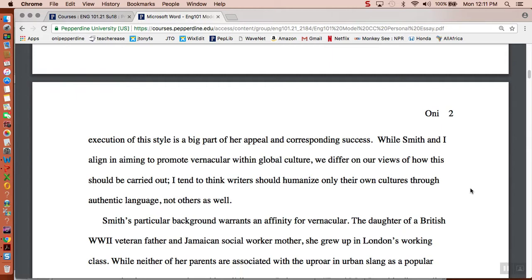So the assumption here is that I'm going to talk about how Zadie Smith is really big on trying to use vernacular and slang and dialect for any culture around the world, and she's very open to that. Whereas, even though I'm also really into embracing vernacular, I feel like it can be really risky trying to use vernacular from a culture that's not a part of your genetic makeup or identity somehow. So, setting up the two points very directly is going to give a clear organization and also establish a very specific point of view as well.